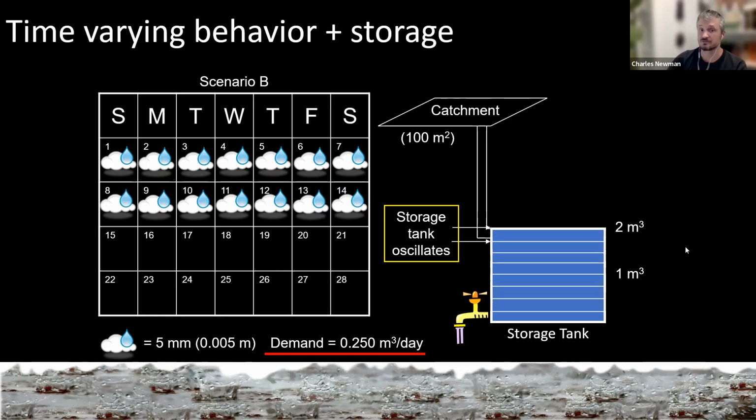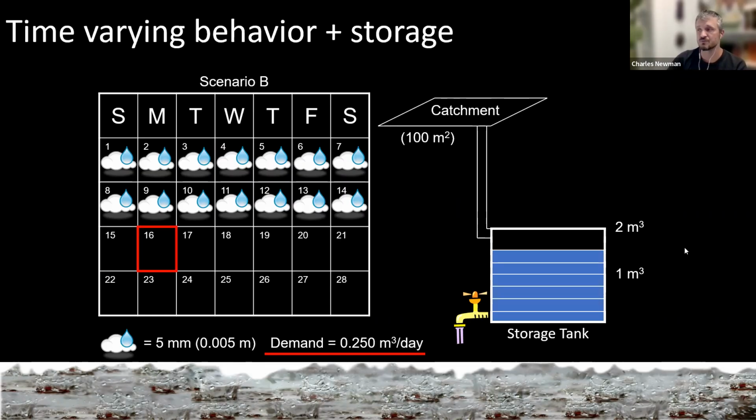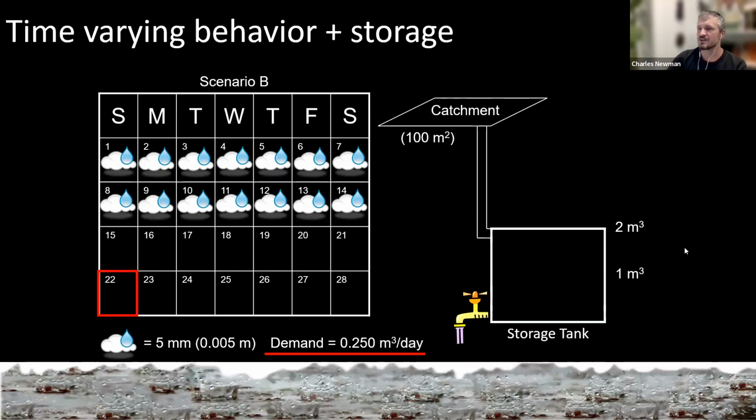Okay, so let's keep going. Week 3, we consume, we consume, we consume, we consume, consume, till we reach week 4, and now we have no more water. As you can see, the amount of rainfall between the 2 months is equal, and the size of the tanks is equal.